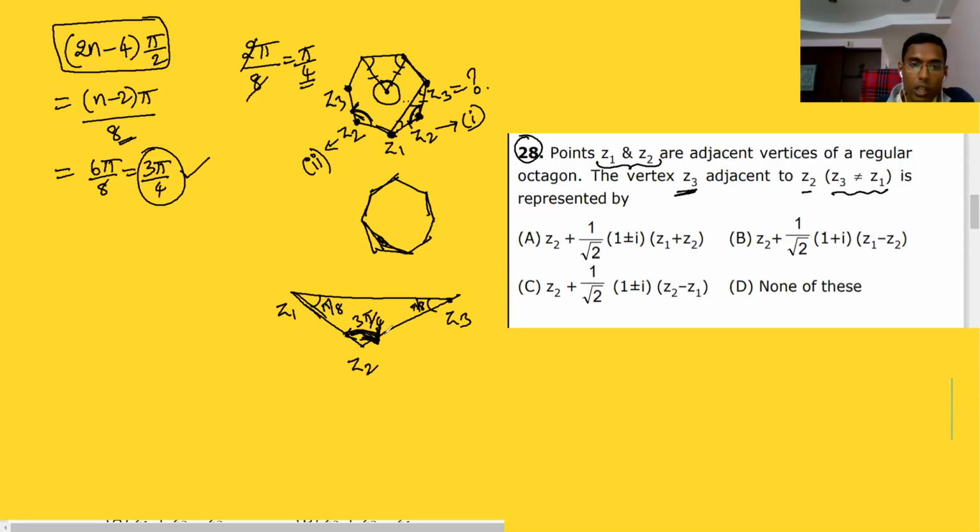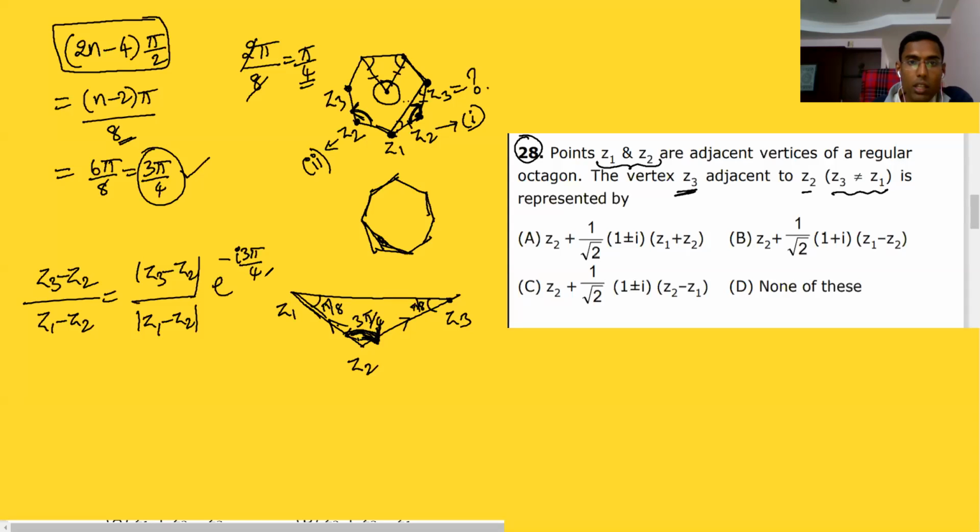Therefore, here the final vector is what? Z3 minus Z2 is the final vector in this case. This vector divided by Z1 minus Z2 equals modulus of Z3 minus Z2 by modulus of Z1 minus Z2 into e to the power of minus i theta, with theta 3 pi by 4, if it is the clockwise direction.